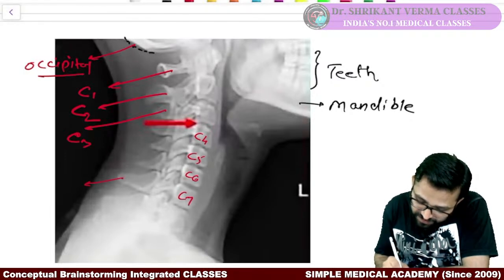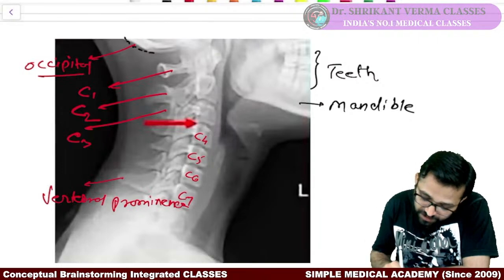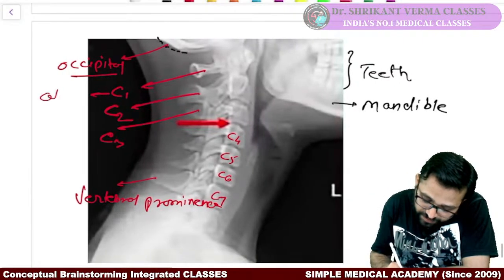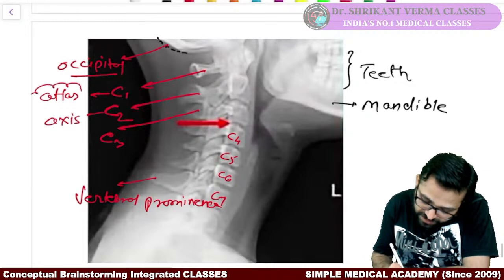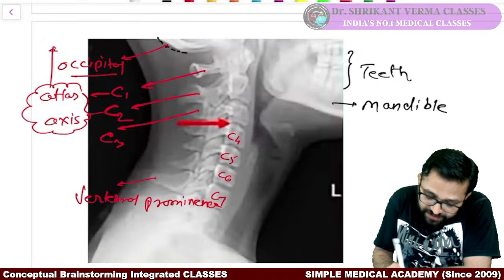This one has a long transverse process, known as the vertebra prominens. Another point: C1 is our atlas, C2 is our axis. These make the atlantoaxial joint, which is a pivot joint.